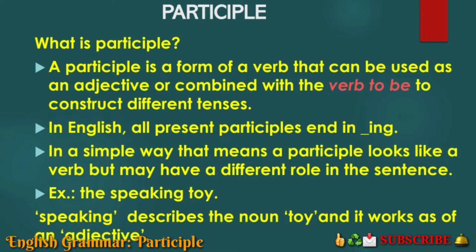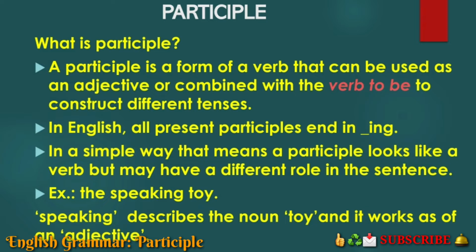Okay, students. See, a participle is a form of verb that can be used as an adjective or combined with the verb to be to construct different tenses. Students, participle can be used to construct different tenses, with the combination of verb to be.